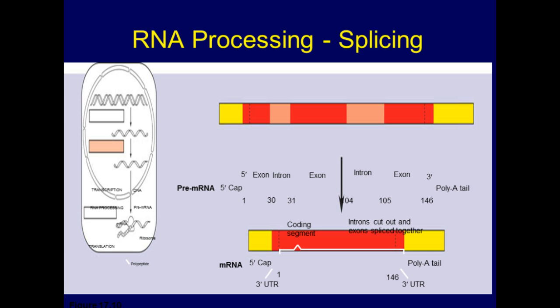Write in your notes that ribozymes, R-I-B-O-Z-Y-M-E-S, ribozymes, are the catalytic RNA molecules that function as enzymes and can splice RNA by removing introns and joining exons. So ribozymes are the enzymes that splice out introns and splice the exons together. So make sure you get that in your notes, ribozymes and their function.